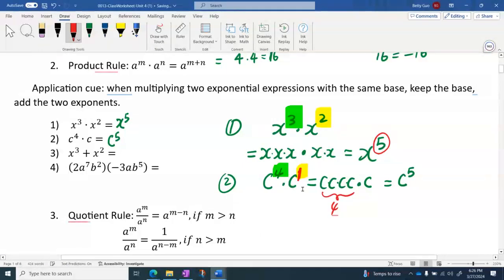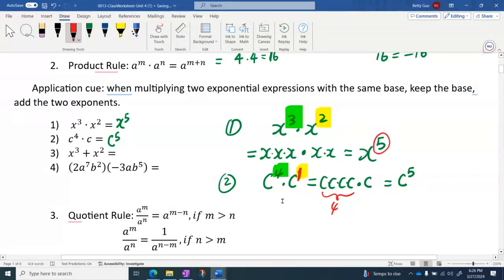And the second part exponent is 1. You don't really see the 1, but actually you should know that it's 1. Even if we don't have it, it's default as 1. That means the second part contributes 1 c. So together 4 plus 1 gives us the total number of c's in the result. So that's the reason we have c to the power 5.